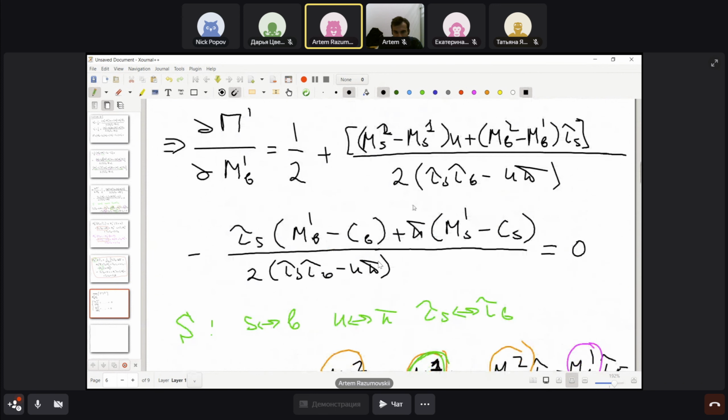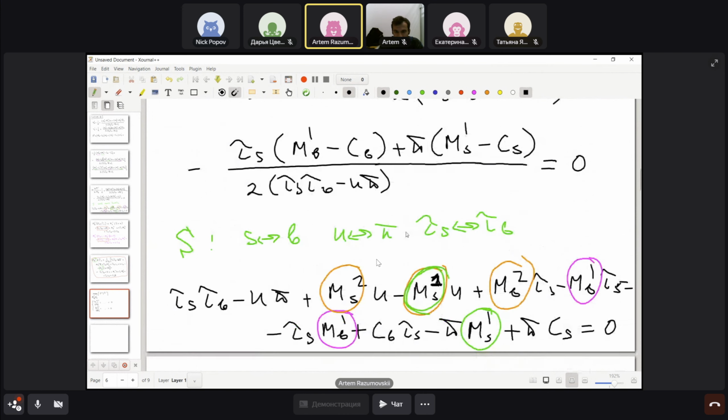So I multiplied this by 2 tau S tau buyers minus UP, just to get rid of the denominator.